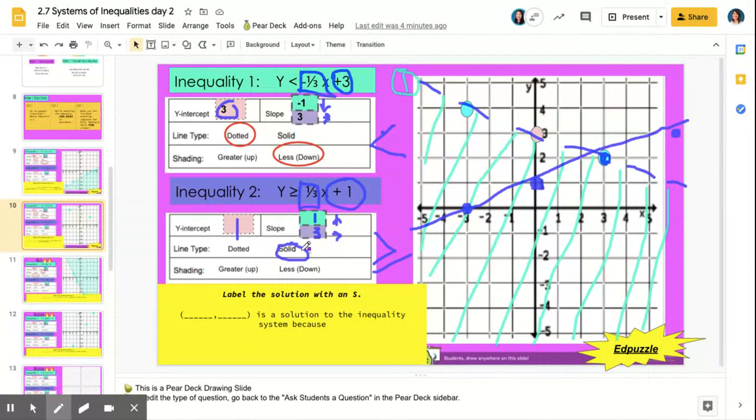All right, and is it up or down? In this case, it is up. Let me get a different color. And we're gonna shade up. So up would be in this direction. So that means anything above the line is gonna get shaded.